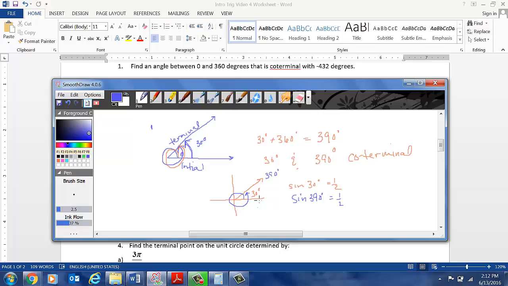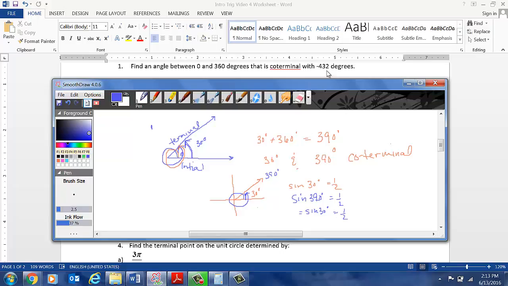And that's consistent with what we were talking about in one of the earlier videos, that sine of 390 degrees would have a reference angle of 30 degrees. We know that sine is positive in quadrant 1, so sine of 390 degrees would be equal to sine of 30 degrees, which, like we just said, is 1/2.